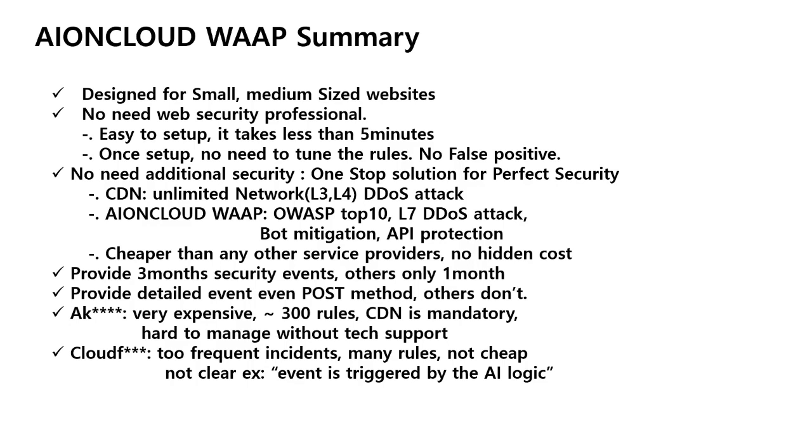For Cloudflare, as you might know, they are suffering from frequent incidents, so you need to check the service availability. Also, it's not cheap due to hidden costs. Regarding security events, in some cases the event is not clear and provides no detailed information, so it's hard or impossible to understand why a request has been blocked.